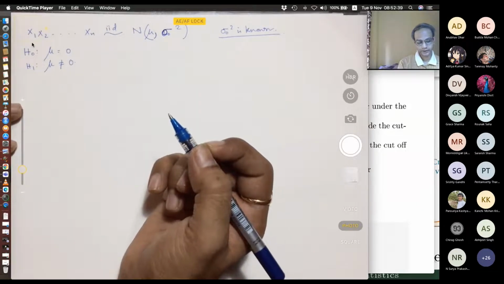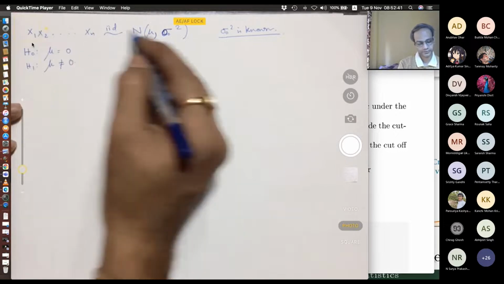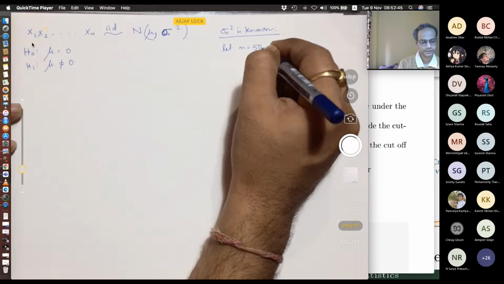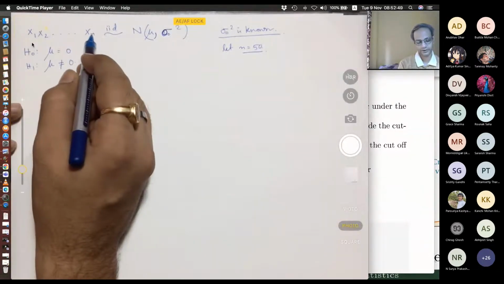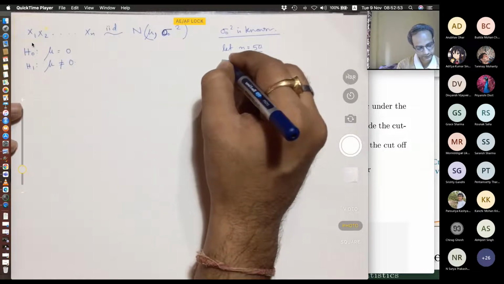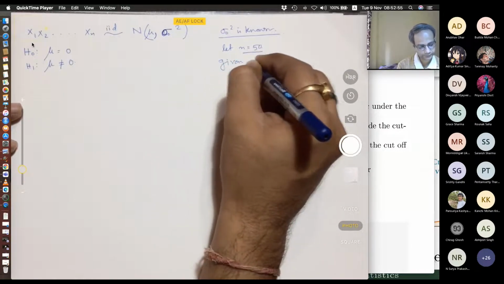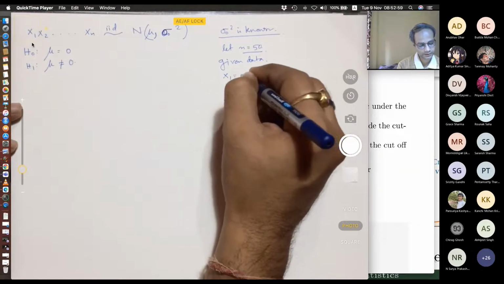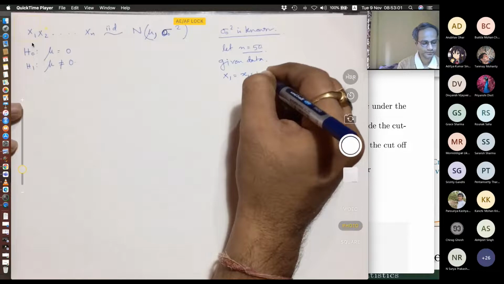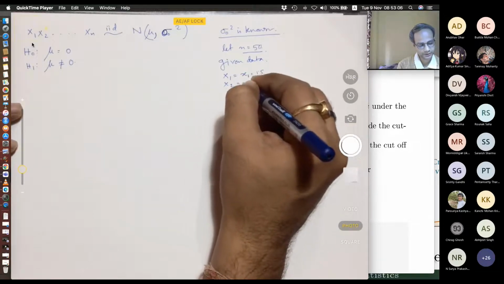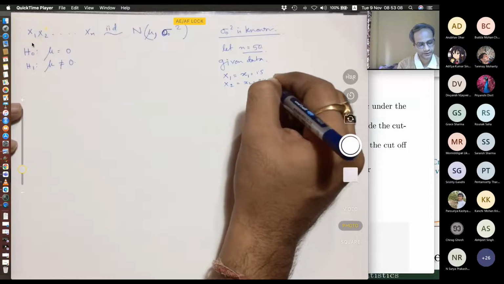Now, given the data, say n equals 50 observations, and all these are numeric values. So the given data will be like this. Say observed x1 is small x1 equal to say 1.5. Observed value of x2 equals small x2, say 0.5.